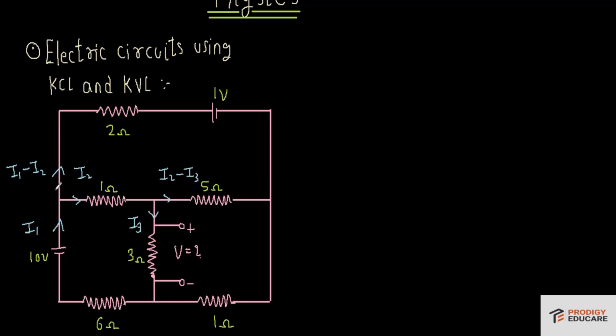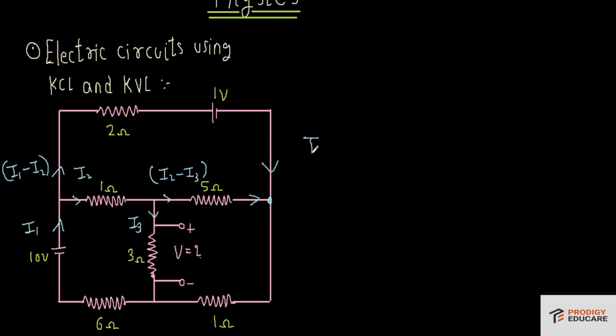Now this I1 minus I2 current will flow through this and it will come here, and this I2 minus I3 current will enter here. So at this node, these two currents, this current and this current, are entering. So the net current which is leaving will be the summation of these two currents.